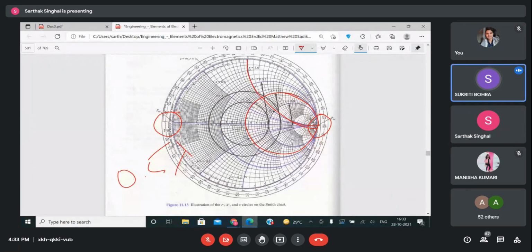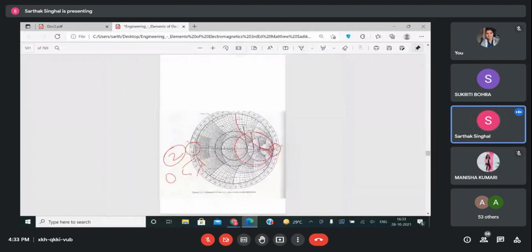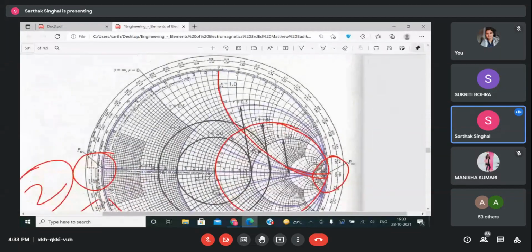Okay? Yes, sir. So for traveling a length of lambda, how many rotations do we have to take? Two rotations. Okay. And now in this you can see a few things.